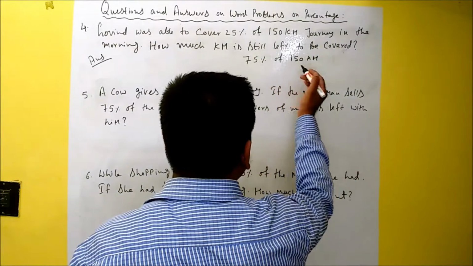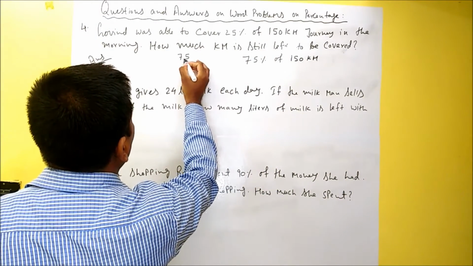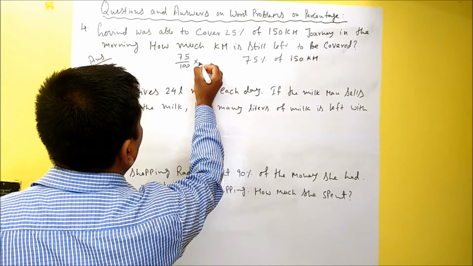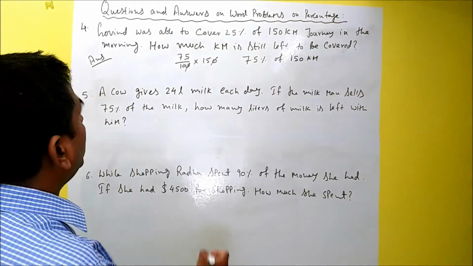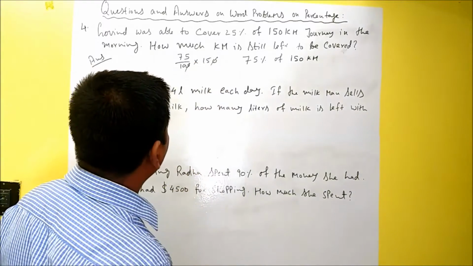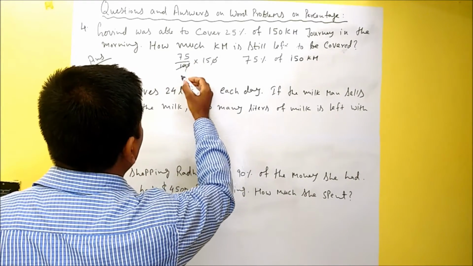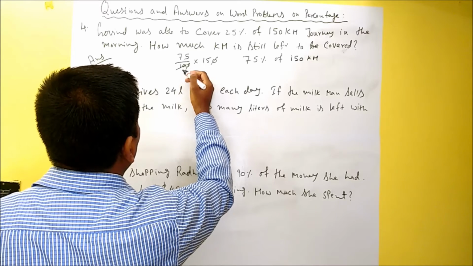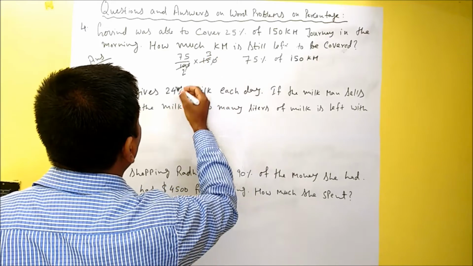So we can write it like this: 75 upon 100 multiplied with 150, and we can cancel it here. Now 75 into 15. Before that, we can cancel this. 5 2s are 10, 5 3s are 15.